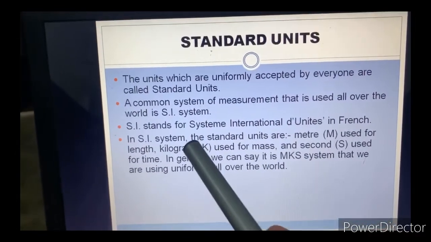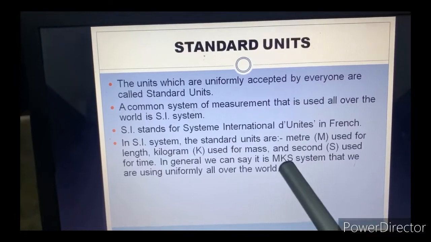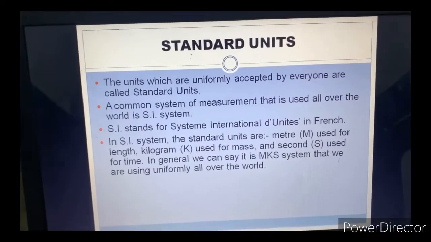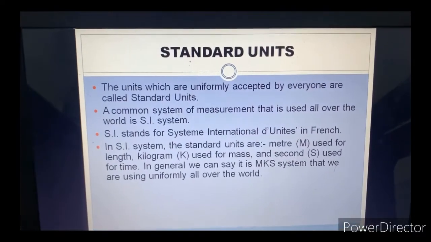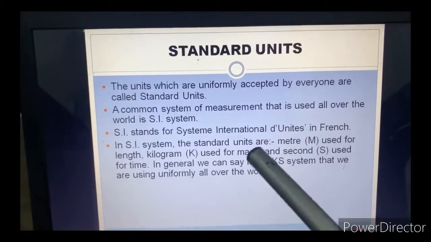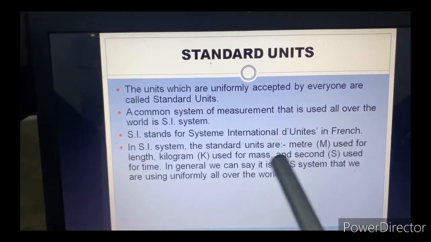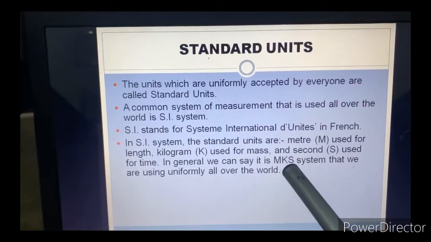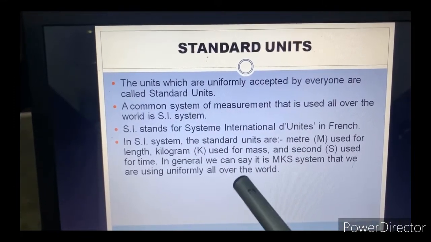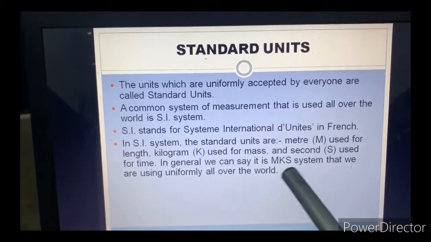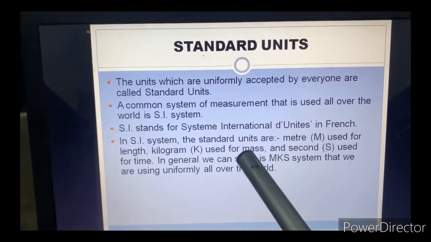One of the standard units in the SI system is the MKS system. MKS means M for meter, which is used for measuring length, K for kilogram, which is used for measuring mass, and S for second, used for measuring time. So in general we can say that it is the MKS system that we are using uniformly all over the world.